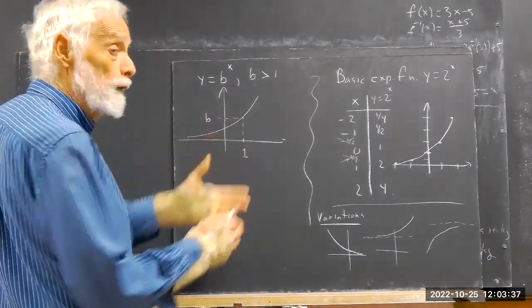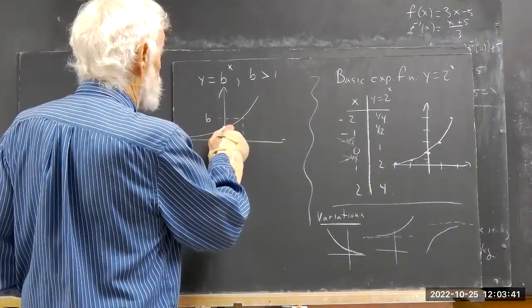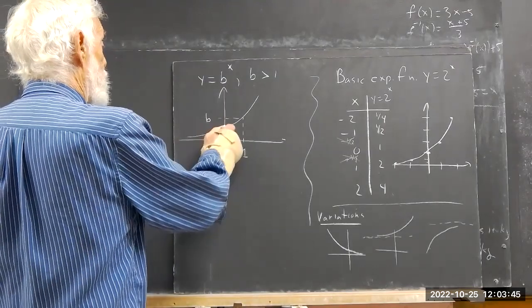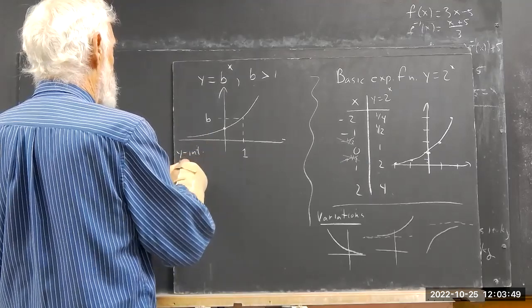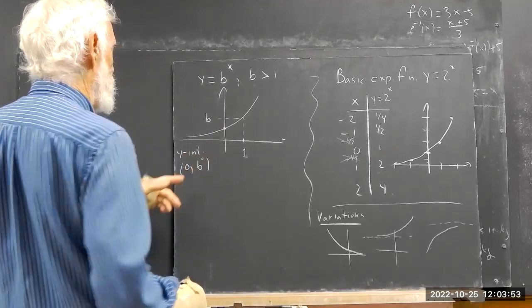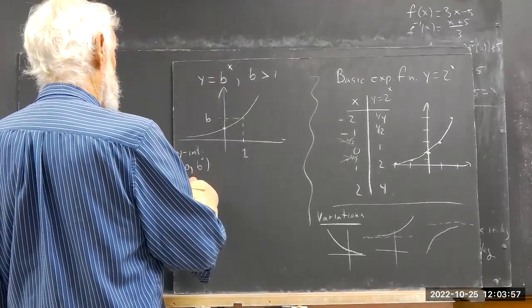What's the value of b for this graph? Well, what are the coordinates of this point? This point is the y-intercept. It's b to the 0. You plug in 0 for x and you get the y coordinate.